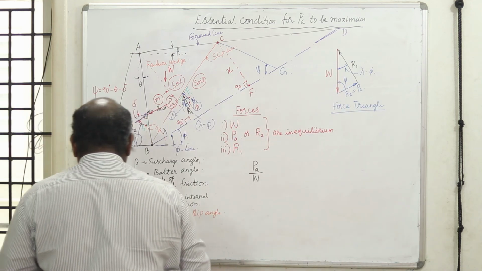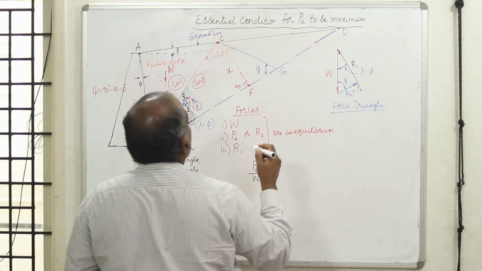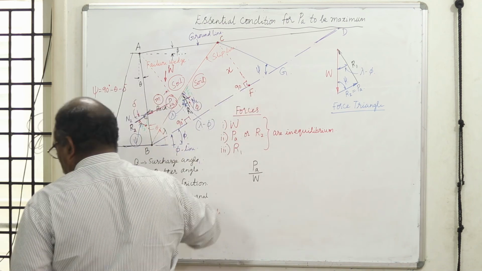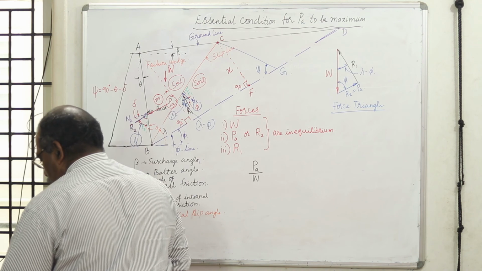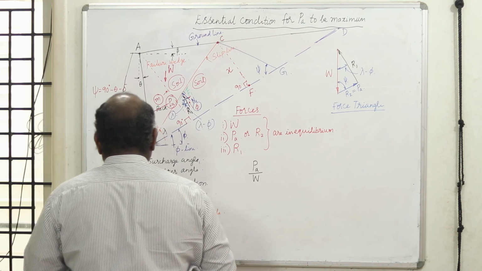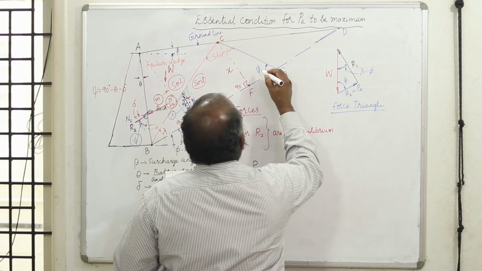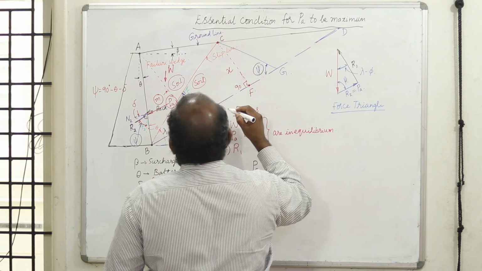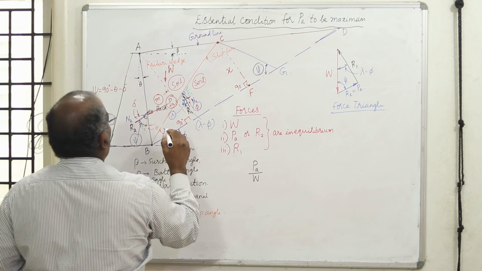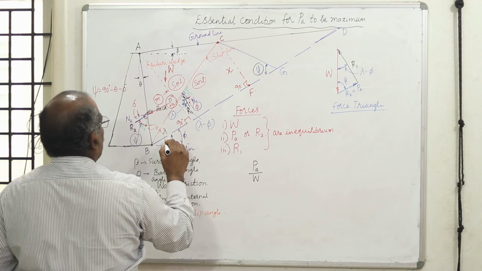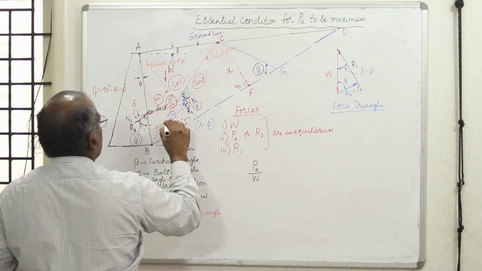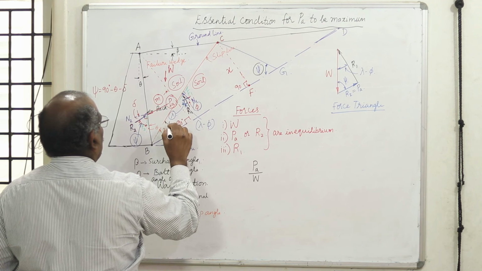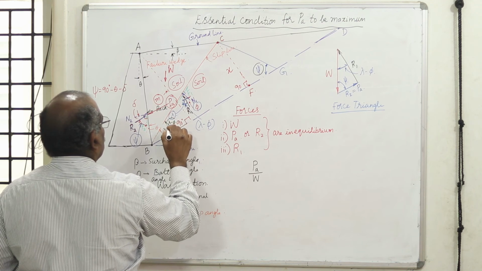Now let us try to take this diagram and draw. Now CG. Now here, look, this is angle psi, and what will be this angle? This angle is lambda, this is phi, therefore this angle is lambda minus phi. Is it clear?